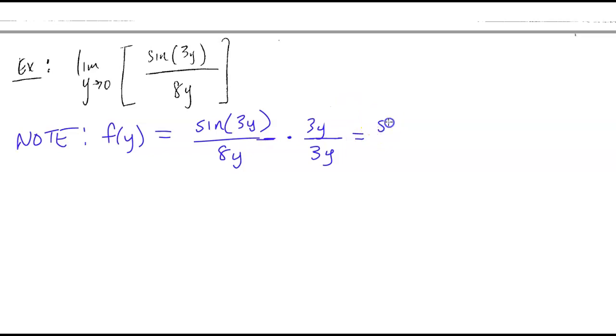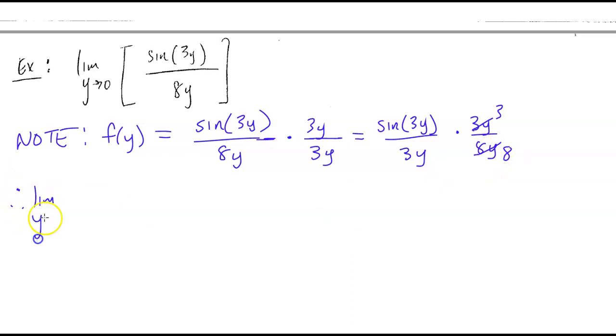And so we could rewrite this as sine of 3y over 3y times 3y over 8y. And here, this second factor will just simplify to 3 over 8 because the y's will reduce to 1.